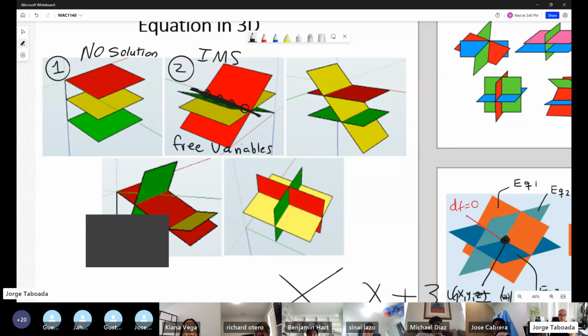Kiana says yes. What is the degree of freedom of the line, Kiana? So a line represents it, like Alison said. What is the degree of freedom of one line? No, it's 1. It's only 1. Degree of freedom is 1.